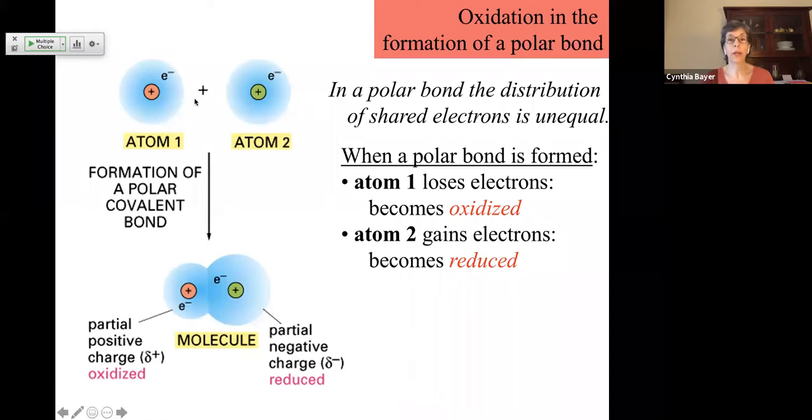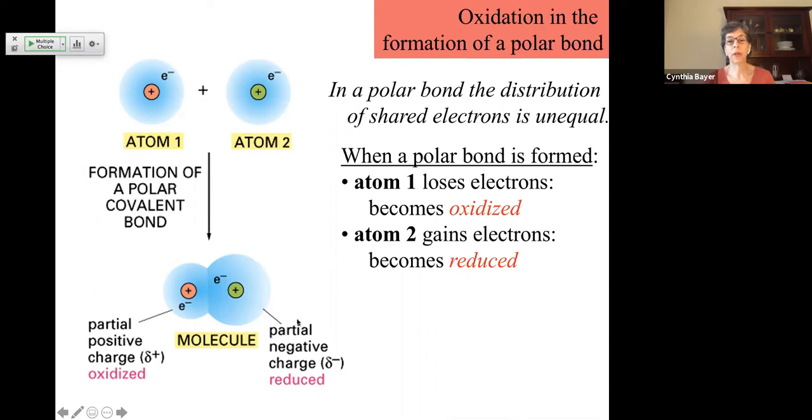A pair of electrons will be shared between those two atoms. That's a covalent bond, right? Sharing a pair of electrons is a covalent bond. That's the attraction between these two atoms. But if one of the atoms is much more electronegative than the other, like oxygen is more electronegative than carbon, the shared electrons will spend more of their time around the more electronegative atom like oxygen.